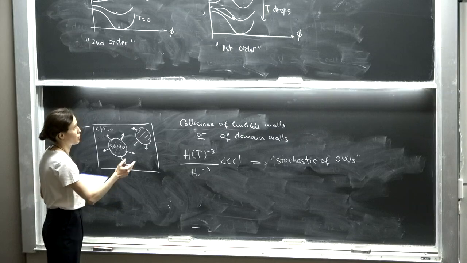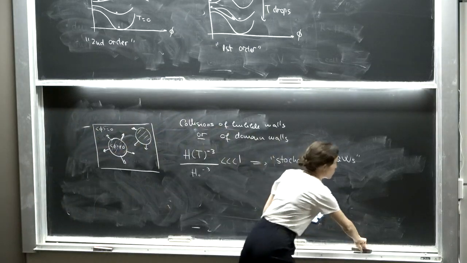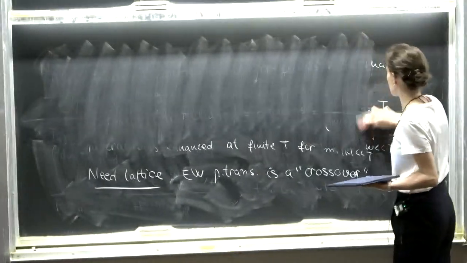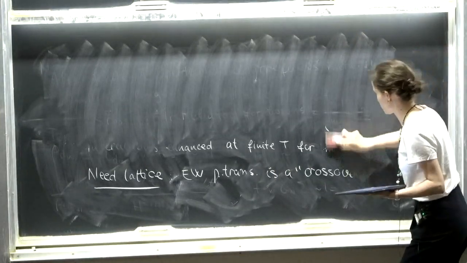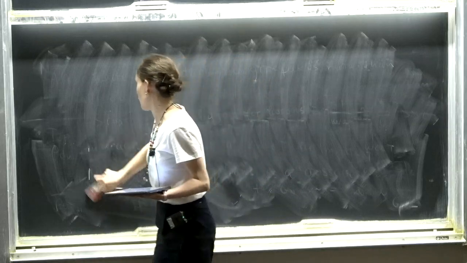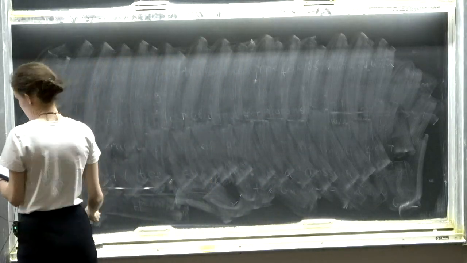Okay, so there are two things that we want to estimate as far as these gravitational waves are concerned. One is the typical frequency that that gravitational radiation will have, but also how strong the signal is.